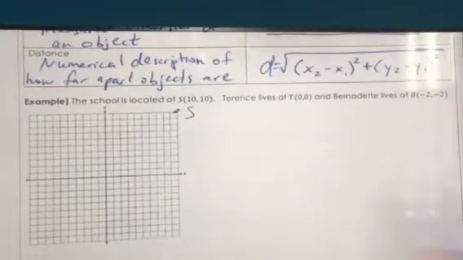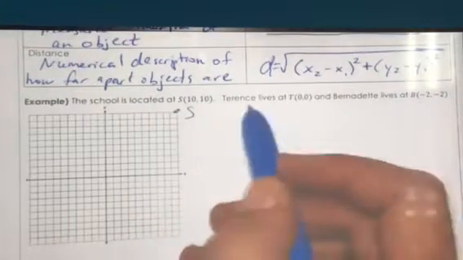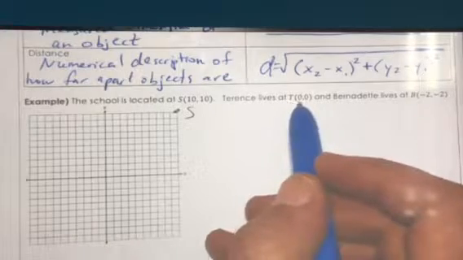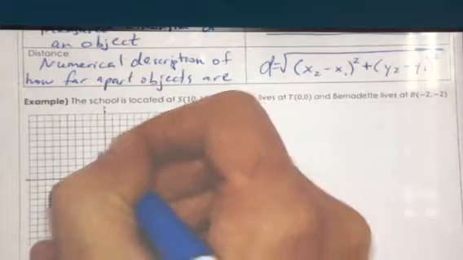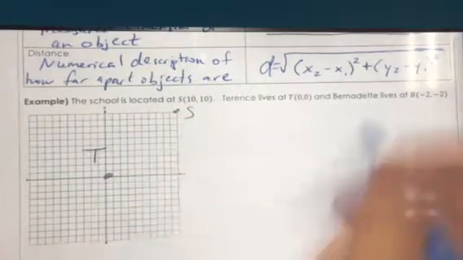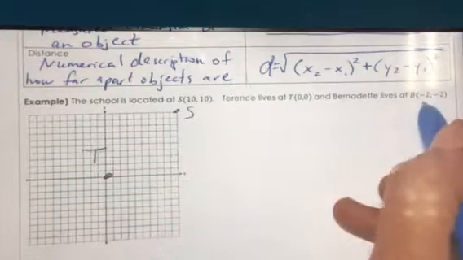Okay, the school is located at 10, 10, and that's called S. Terrence lives at the origin. Oh, I'm sorry, you can't see that. School is located at 10, 10. Terrence lives at 0, 0. And Bernadette lives at B, -2, -2.